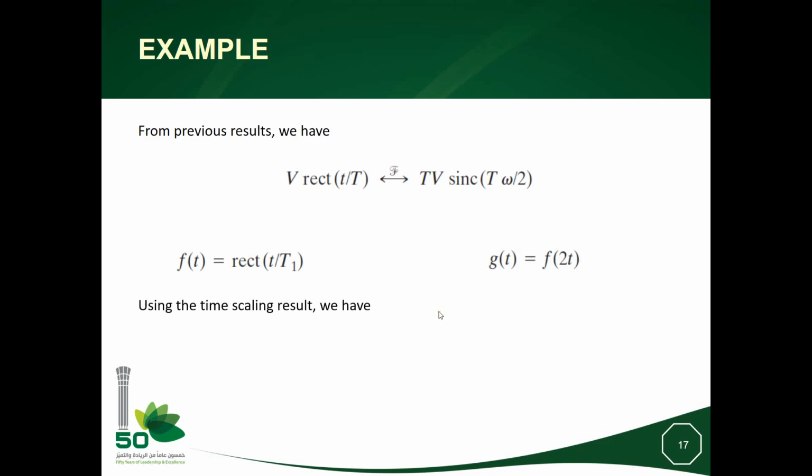By using the time scaling result, the Fourier transform of g is 1 over a, and in this case a equals 2. So we have 1/2 F of omega over 2. With these results, we will have T1 over 2, sinc of omega T1 divided by 4.